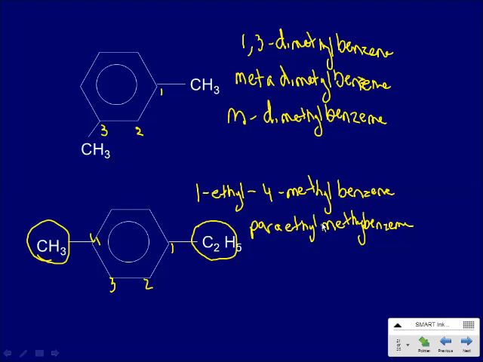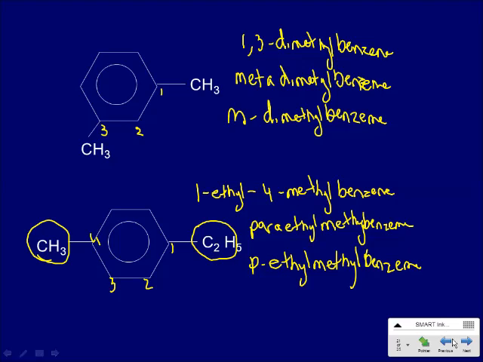Para tells you the orientation, ethyl methyl tells you what two groups you're dealing with, and it's stuck to a benzene. Okay? Or p-ethyl methyl benzene. So that's how we treat it if the benzene ring's the main guy.